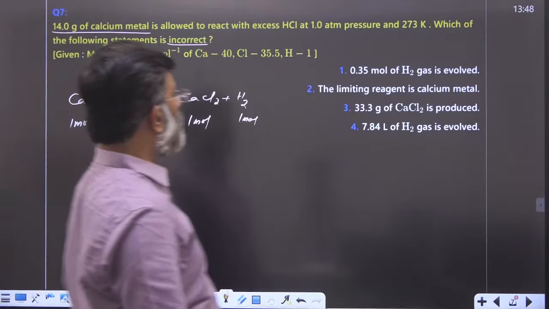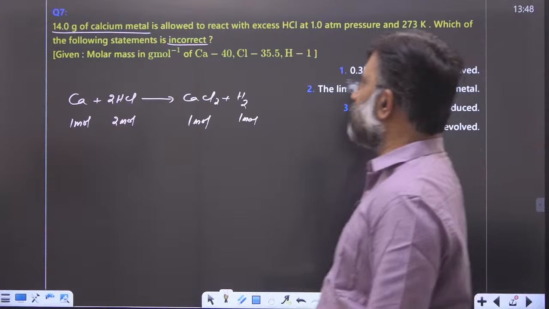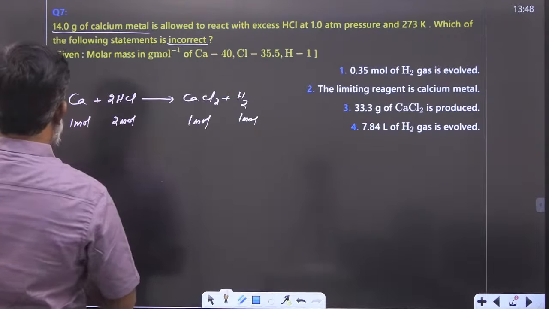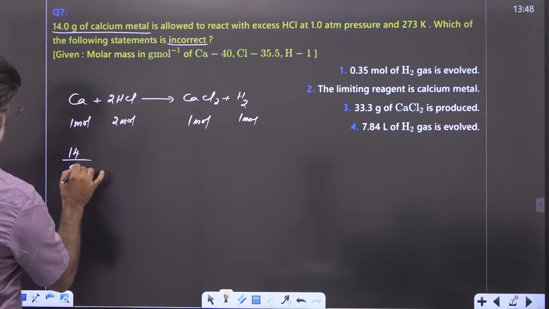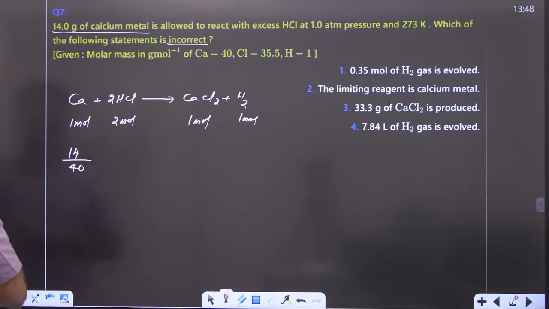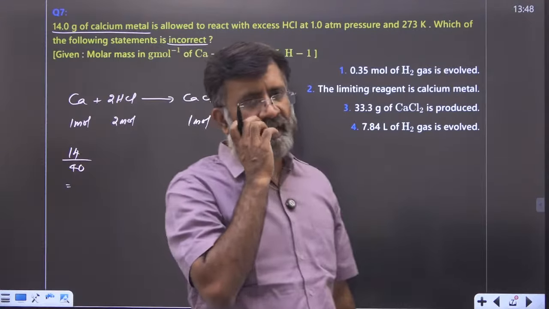The first statement is regarding the amount of H2 gas evolved. Calcium taken is 14 grams, so it is 14 by 40, as the molar mass of calcium is 40.